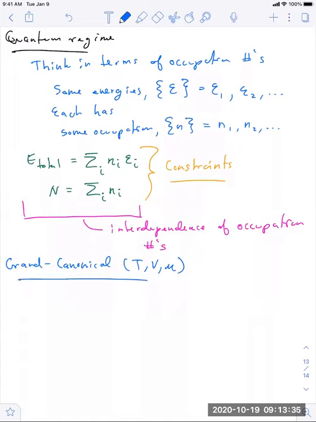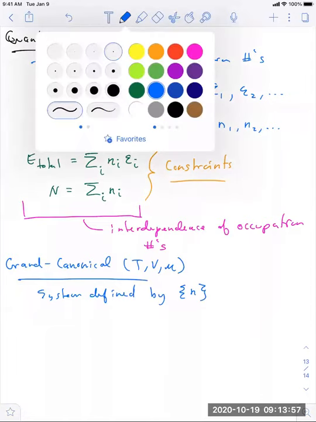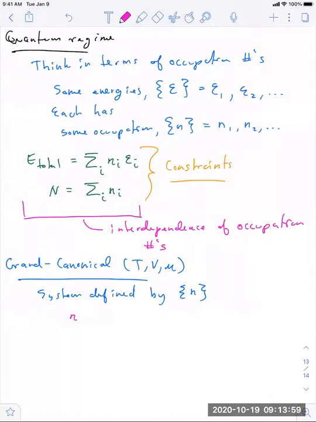So we have a grand canonical ensemble, and our system is really defined by the set of occupation numbers, so which particles are in which energy levels. So I could write that my occupation number in state i is some function of my overall system variables.